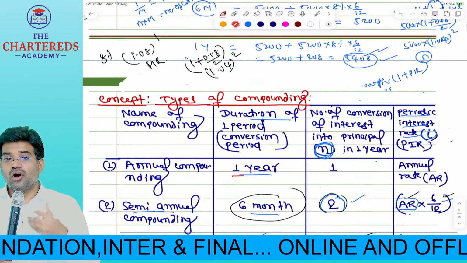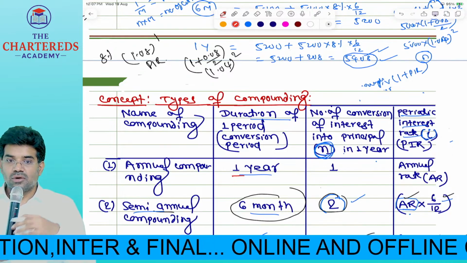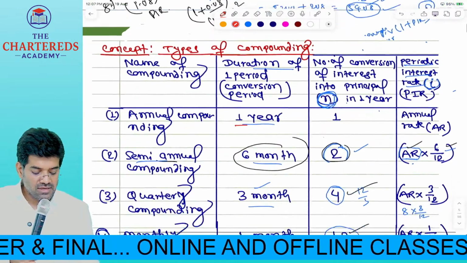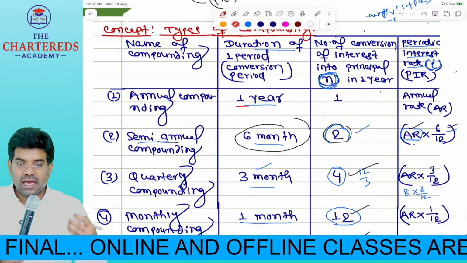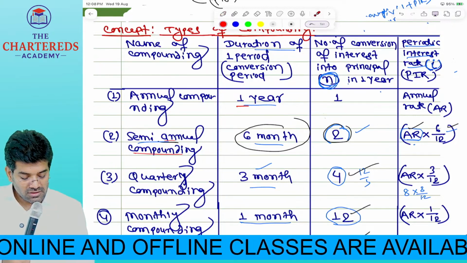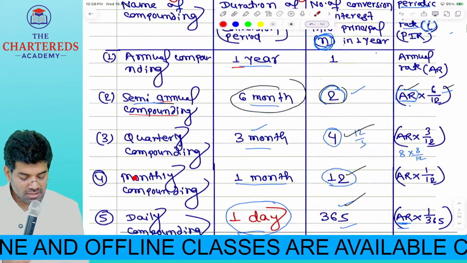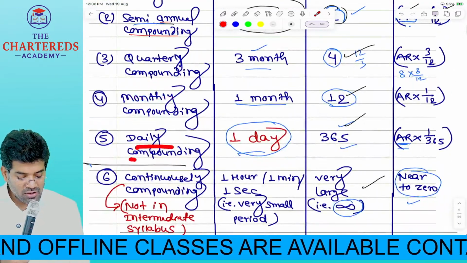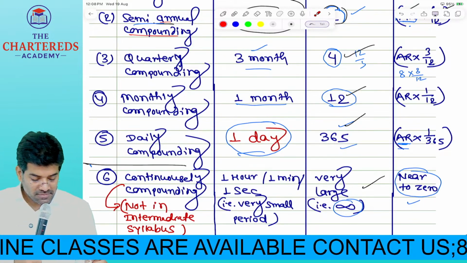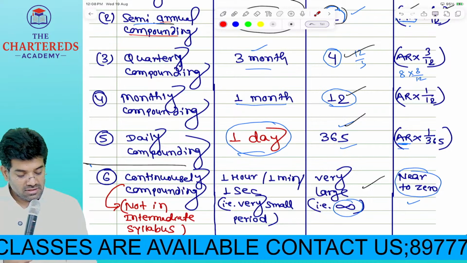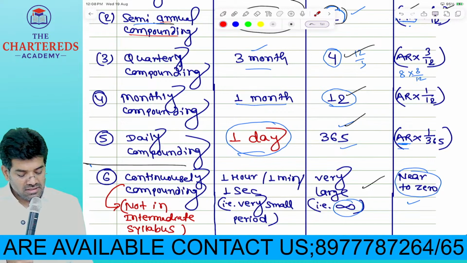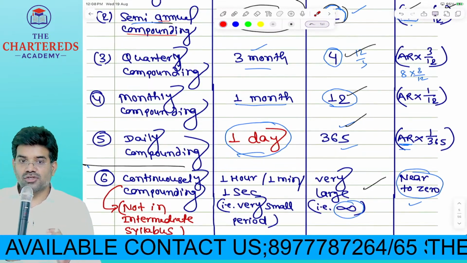Now I told you that compounding can happen more than once in a year. Now see, compounding can be annual compounding, semi-annual compounding, quarterly compounding, monthly compounding, daily compounding, continuous compounding. This is not applicable for you. That was in CA Intermediate. For CA Final, continuous compounding we will apply.